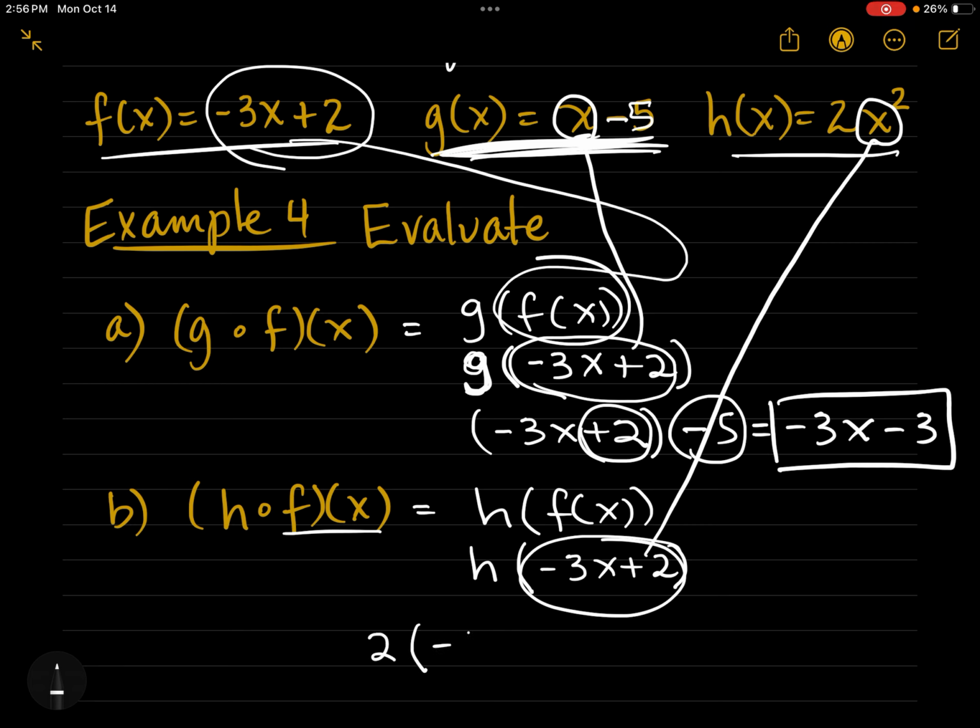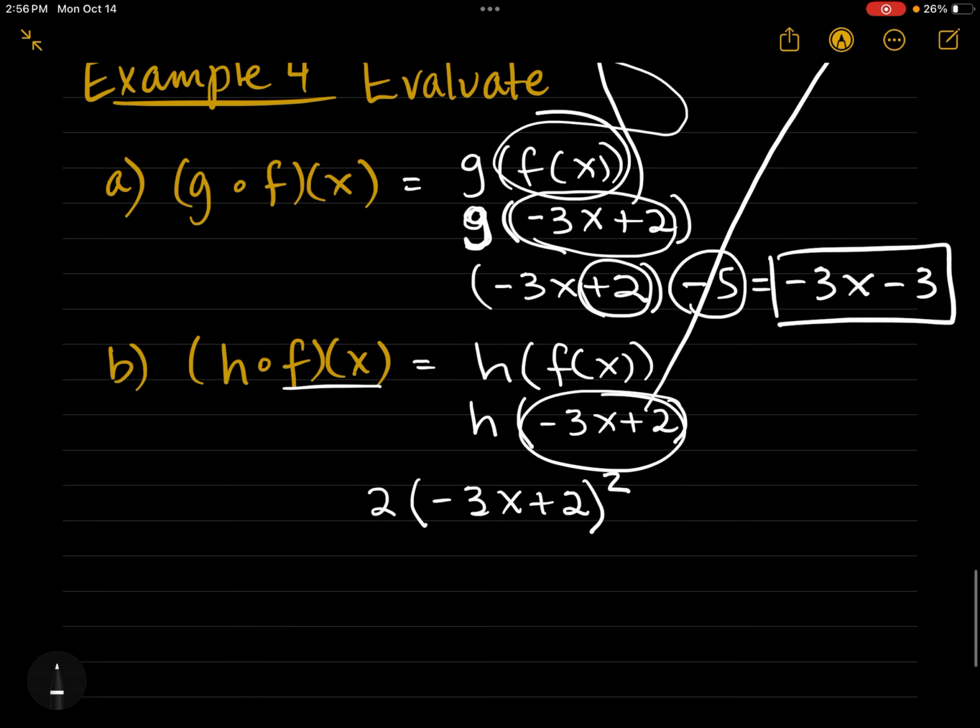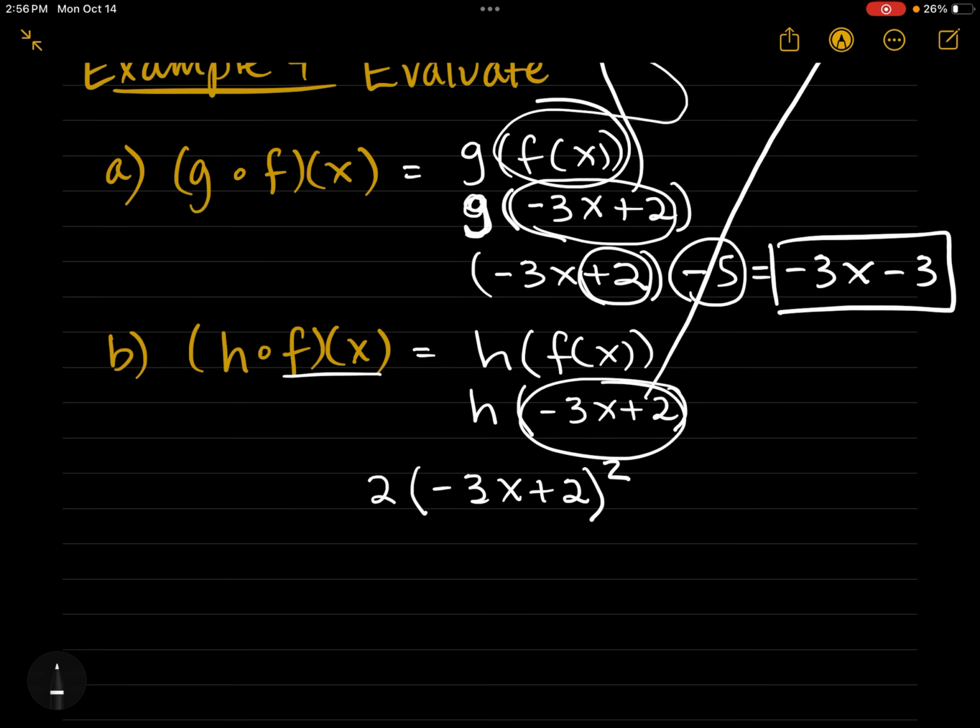So we get 2 times negative 3x plus 2 squared. See, we got that square right there. We got the 2 in the front. Now, I want you to remember that you cannot distribute the square. You actually have to write that twice.